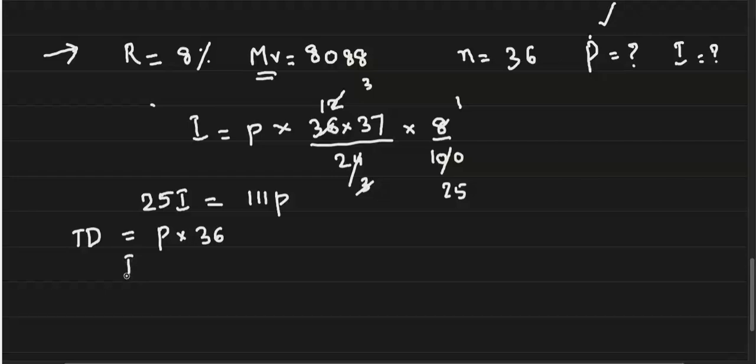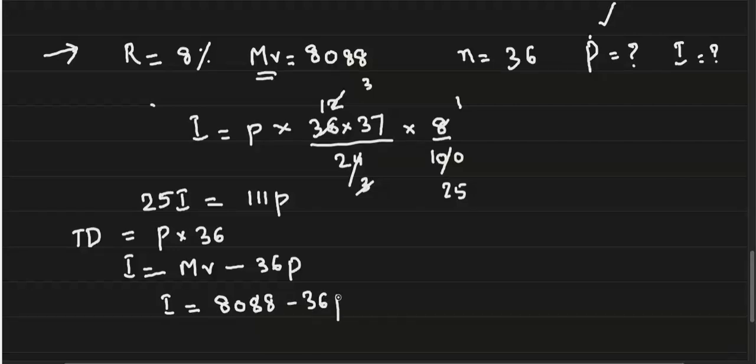Interest equal to maturity value minus this P into 36, right? How much is the maturity value? 8088. And what is the total deposit? Total deposit is 36P we have got just now. And I can write interest as 8088 minus 36P. This is the interest value.